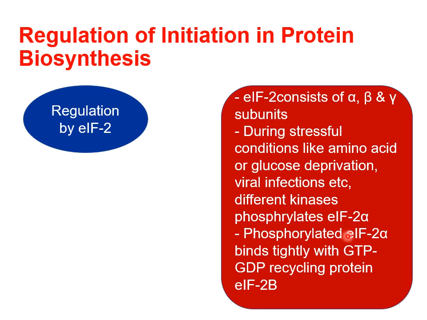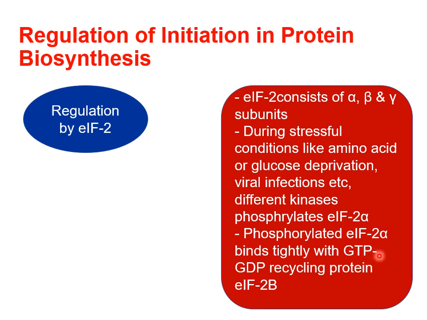This phosphorylated eukaryotic initiation factor 2 binds more tightly with the GDP-GTP recycling protein, that is eukaryotic initiation factor 2B. Recall that this initiation factor 2B is important in recycling, that is the exchange of GDP with GTP, so that it can regenerate the binary complex of eukaryotic initiation factor 2-GTP.